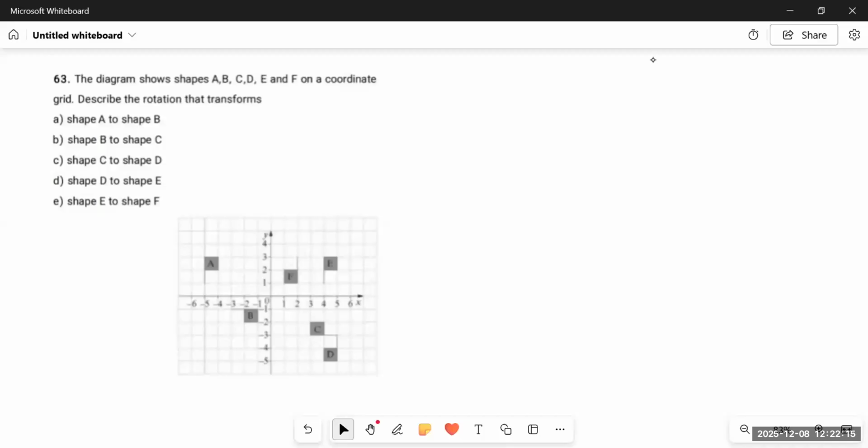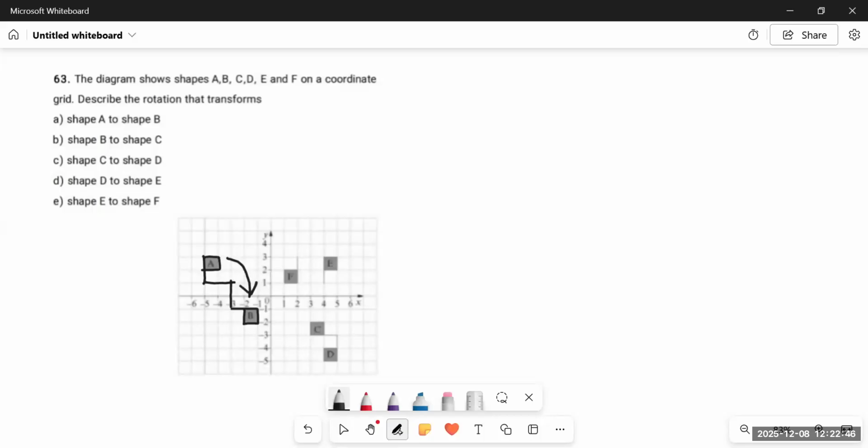Now, in the next question, we are provided with the diagram that shows shapes A, B, C, D, E, and F on a coordinate grid. And we have to describe the rotation that transforms shape A to shape B. This is shape A. This is shape B. This is a rotation in clockwise direction.